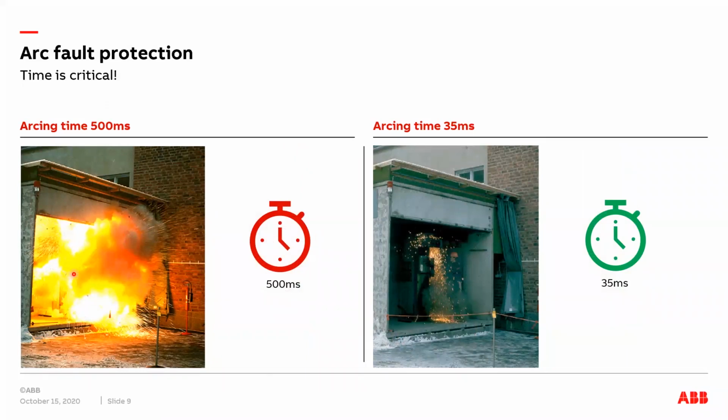On the left side, we have an arcing time of 500 milliseconds, so half a second, which is quite typical for an overcurrent protection, for example. You have severe damage inside this one, but on the right side, we are reducing the arcing time to about 35 milliseconds by implementing an arc protection device. And you see the damage is significantly lower.